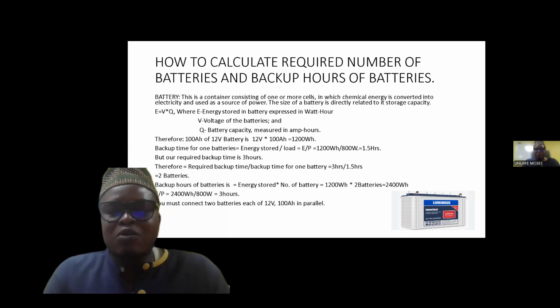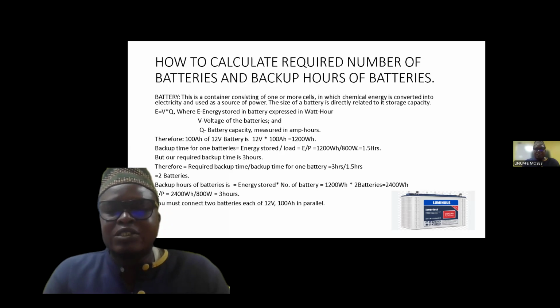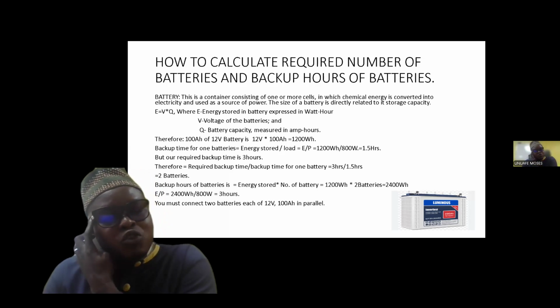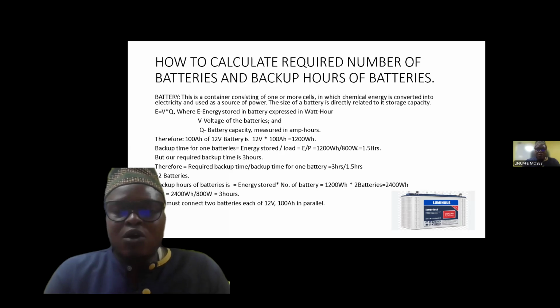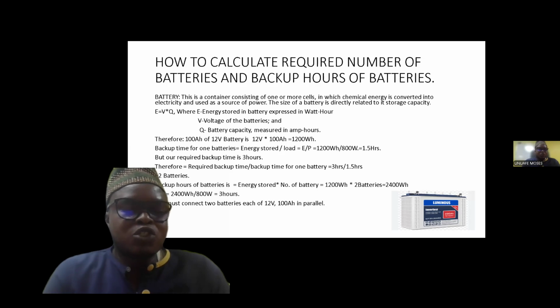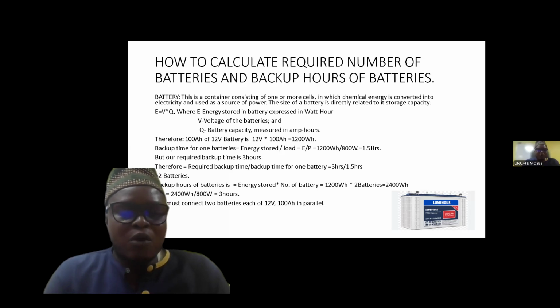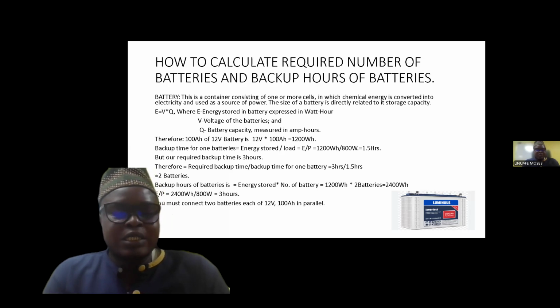Because we have calculated the backup hour of one battery in the residential of 800 watts to be 1.5, we divide 3 hours by 1.5, which is going to give us 2. So we need 2 batteries to give us the backup hour of 3 hours we require.